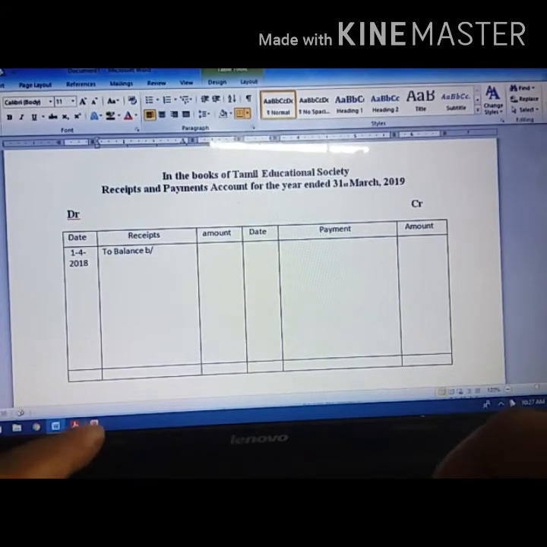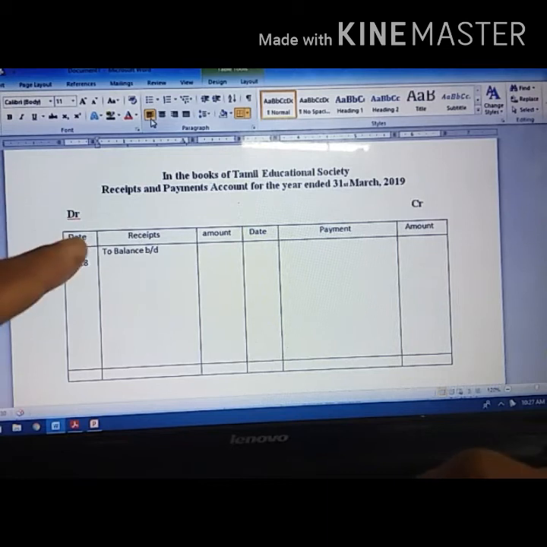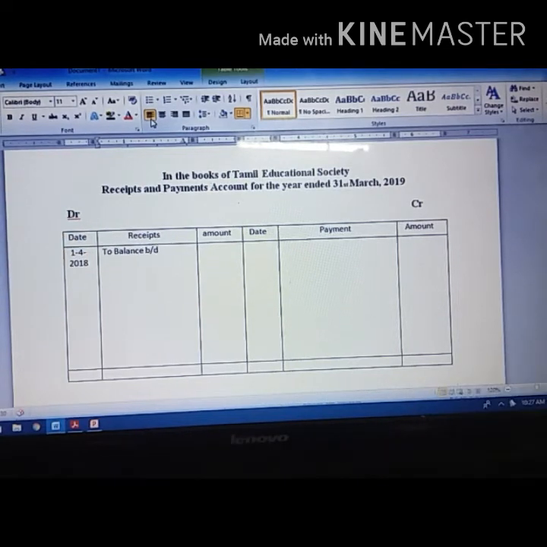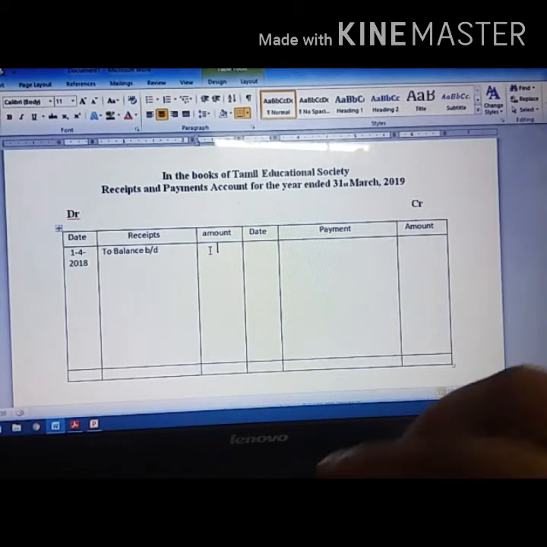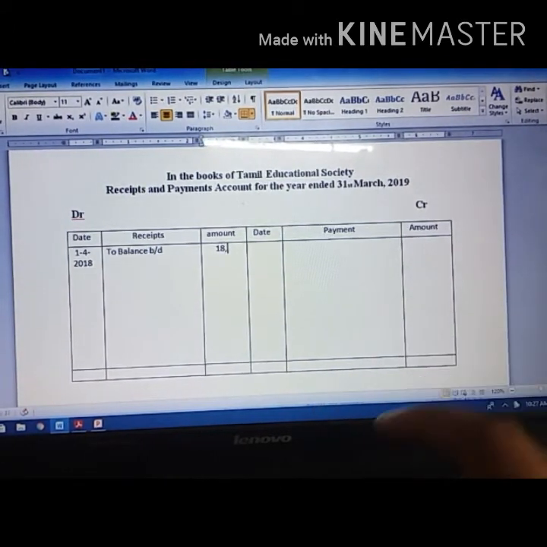So this is the opening balance of cash. If they give a bank balance, then you have to mention To balance B/D, cash and bank. If they give both amounts, you have to use the inner column, add the amounts, and then post the total to the outer column. So the value of the opening cash balance is 18,000. I have to write this 18,000 in the amount column.